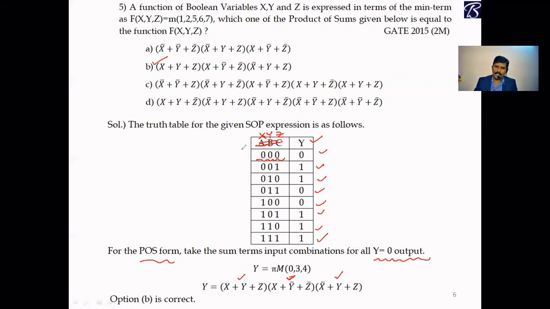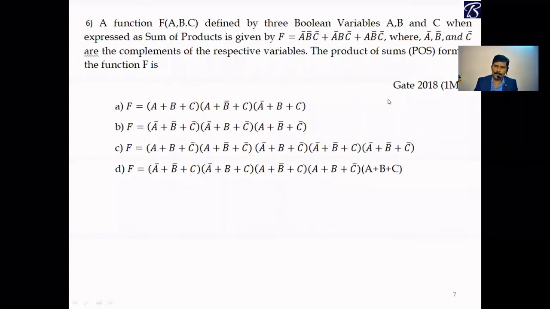What is the conclusion here? Whatever the given min terms, you write 1, 1, 1 like this, and the remaining boxes you fill with zeros and write the expression for Y for the max terms considering zeros. That's all, very easy.